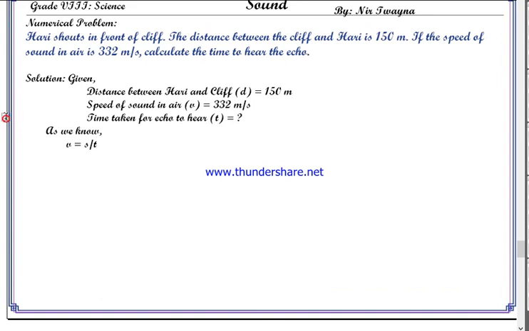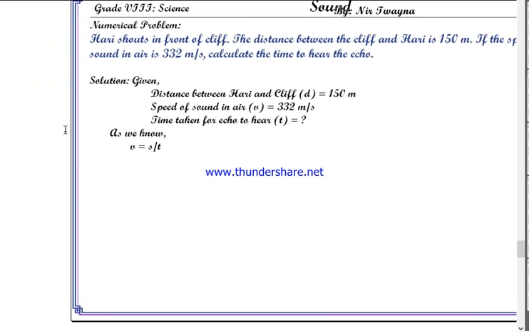Now I'd like to write it in fraction form. Yes, okay, let me write it like this. S, okay, D we have indicated by D, D by T. Okay, here is my fraction.